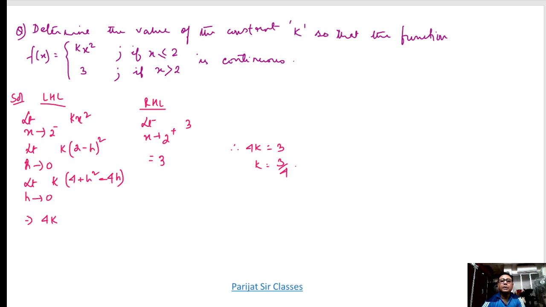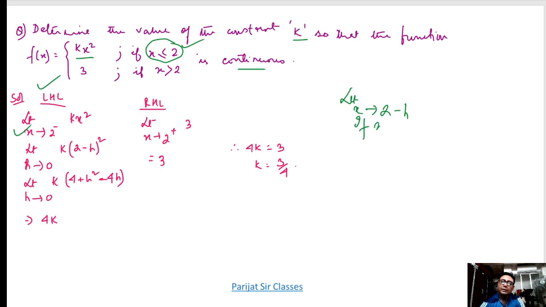Determine the value of the constant k so that this function is continuous. For x less than or equal to 2, I will take this function. So left hand limit, x tends to 2 minus. Let x = 2 minus h.